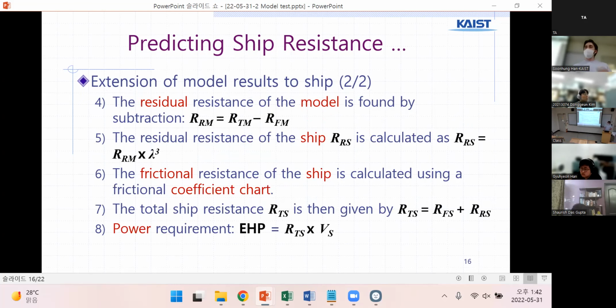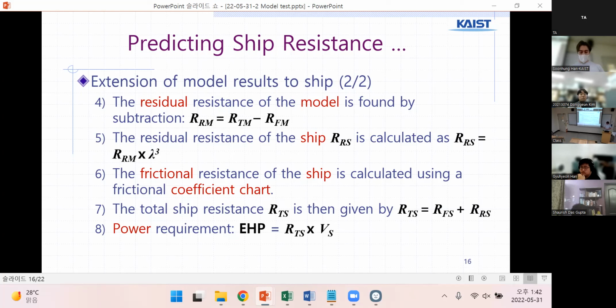With RTM and RFM, we can get the residual resistance for the model. And using the linear scale ratio lambda, we can calculate the residual resistance for the real size ship. And in step 6, to get the frictional resistance of the ship, we need to calculate it using frictional coefficient charts that I don't have in this presentation.